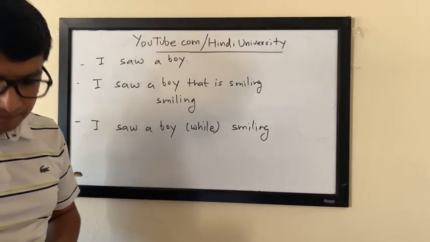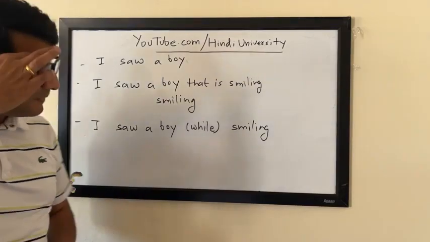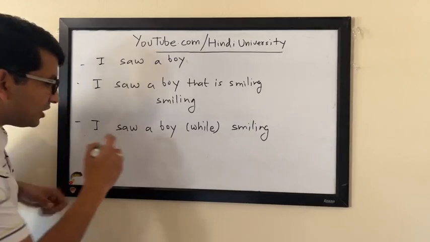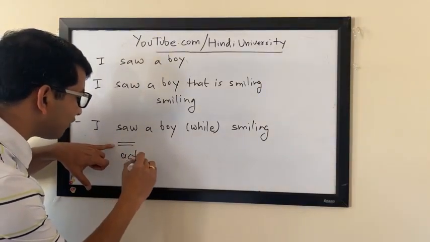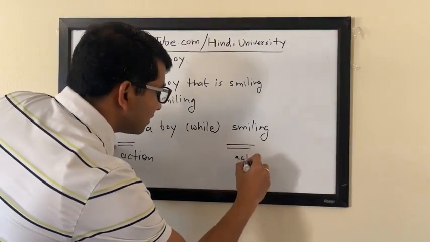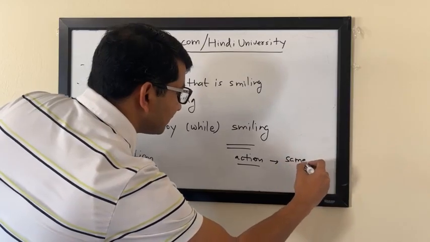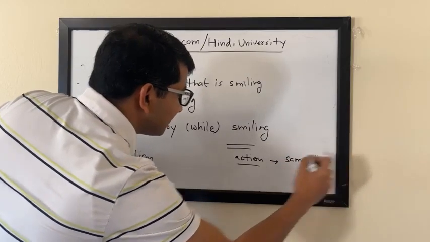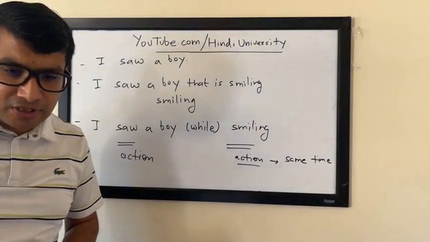Like usually smiling. And the action is finished, I guess, in the third example, no? So yeah, what's happening here? This action, the action of the main verb, and this action, they are happening at the same time. Which I think Simona ji alluded to as well in her explanation.